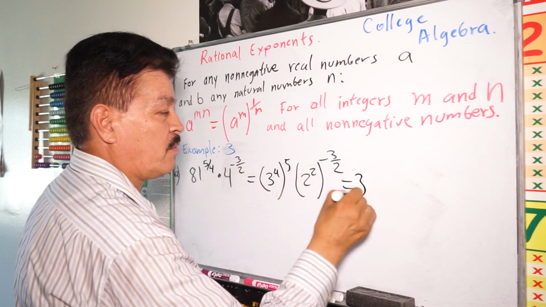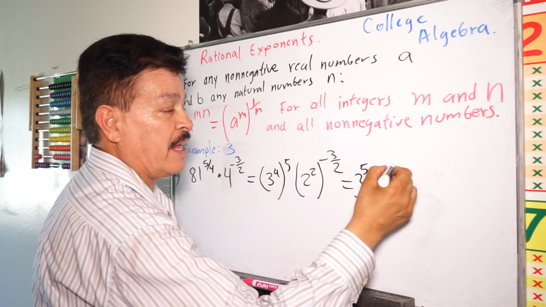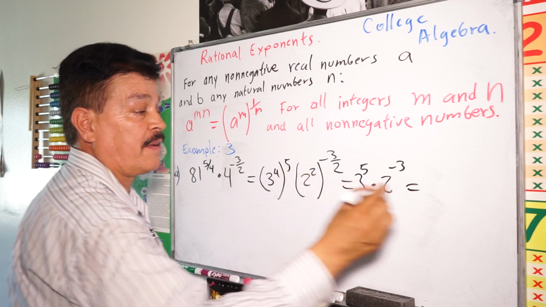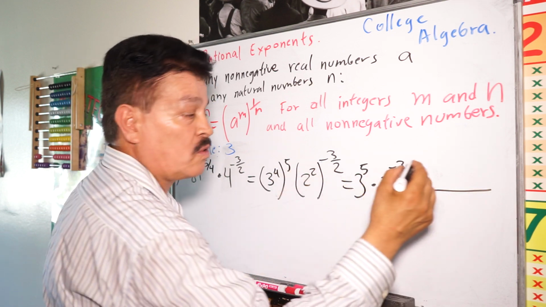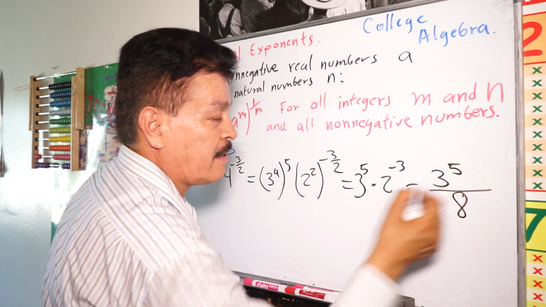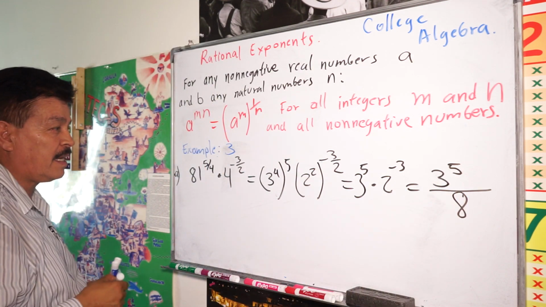Now we have 3 to the 5th power times 2 to the negative 3. You solve this and the answer will be 3 to the 5th power divided by 8. That's the answer. It's example 3.